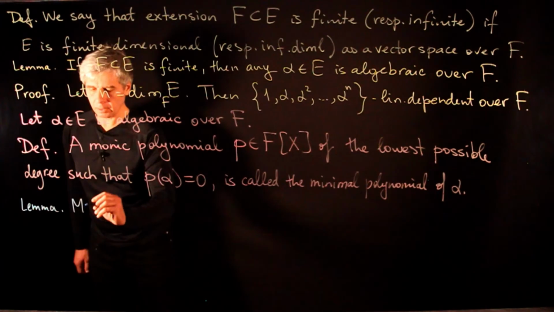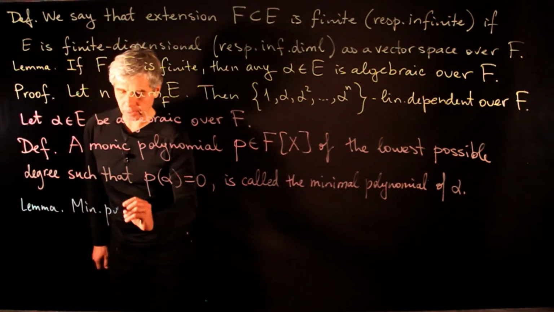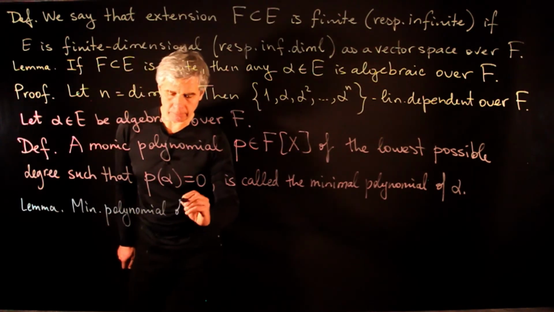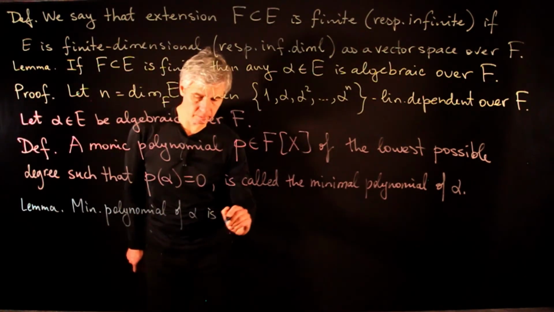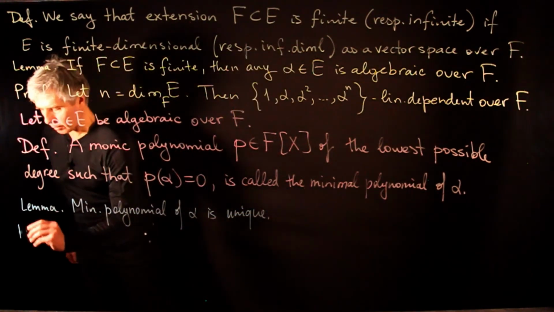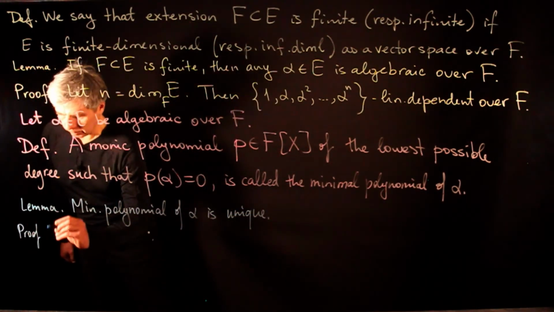Lemma: the minimal polynomial of alpha is unique. And we give the proof by contradiction.